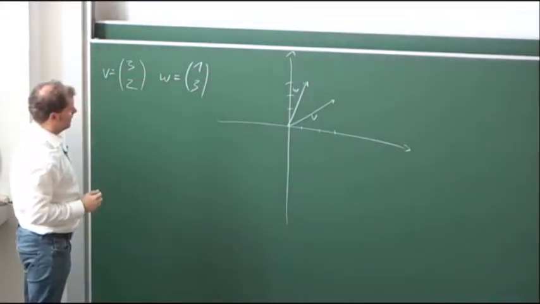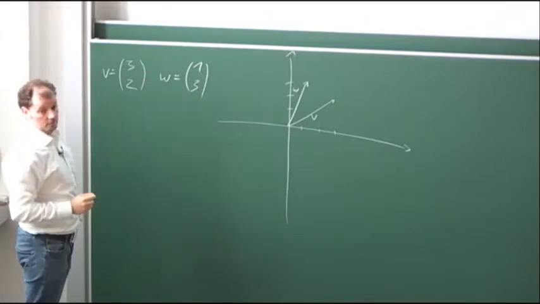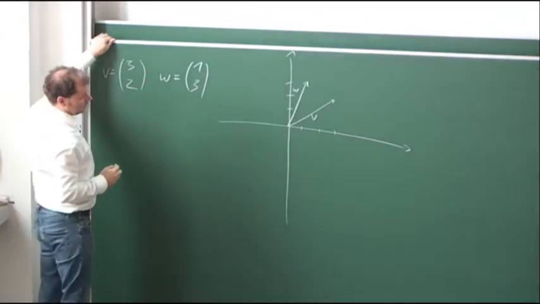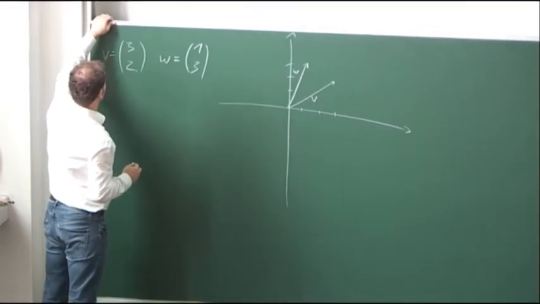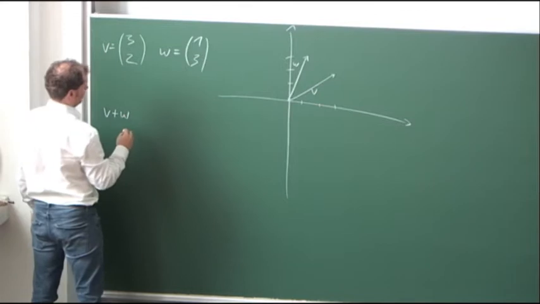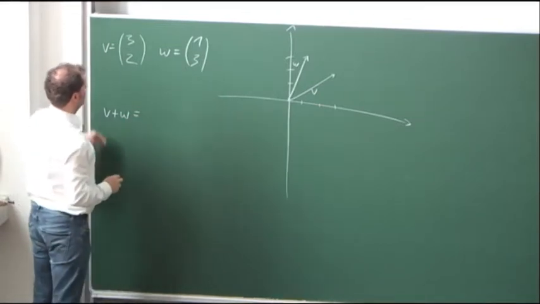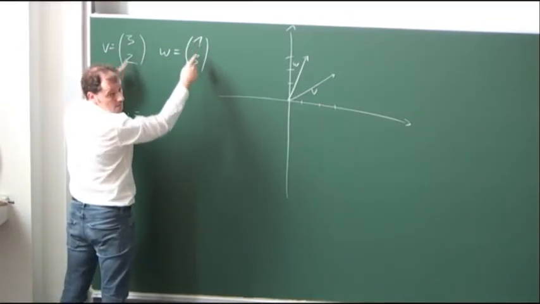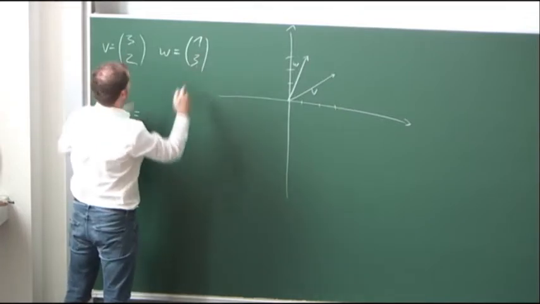The simplest thing we can do now is to add these two vectors. So we can say v plus w. We take all the elements and add them element by element.